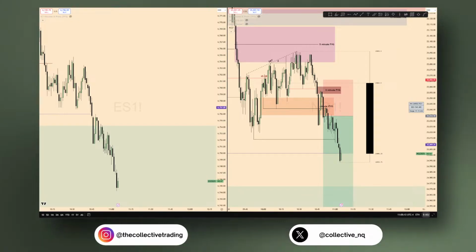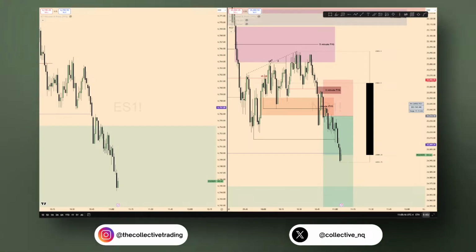Been really neat if we could have taken those internal highs. So I actually would have been in on probably that 1045 candle.